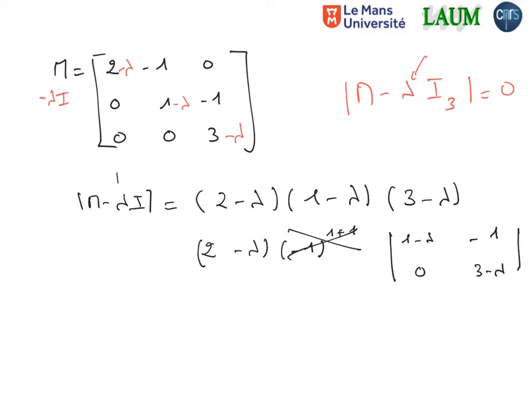In the expansion we multiply this coefficient by the determinant of this matrix, and here we have 2 zeros, which means that in the expansion with respect to the first column, we have 2 determinants that are multiplied by 0. If now we compute the determinant of this matrix, it is 1 minus lambda multiplied by 3 minus lambda minus 0 times minus 1, so 0, so it's 1 minus lambda multiplied by 3 minus lambda, and we obtain the same result. So we have seen here some simple computation of determinants, and some techniques that you have to know.